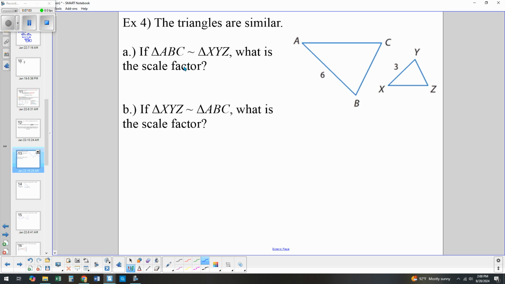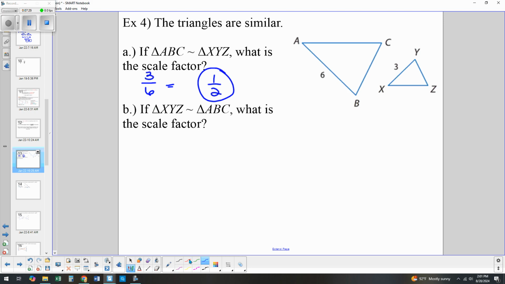So what that means is, in part A, they're treating triangle ABC as the old one and triangle XYZ as the new one, meaning it was a reduction to get from ABC to XYZ, which means my scale factor should be less than 1 if it was a reduction. So if I take 3 and put it over 6, I really get 1/2 as my scale factor for when ABC is similar to XYZ.